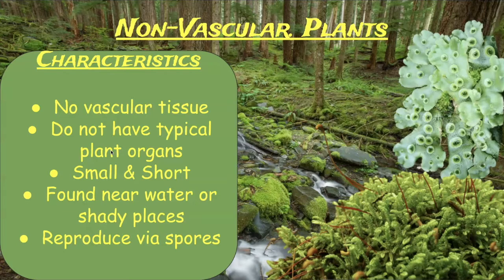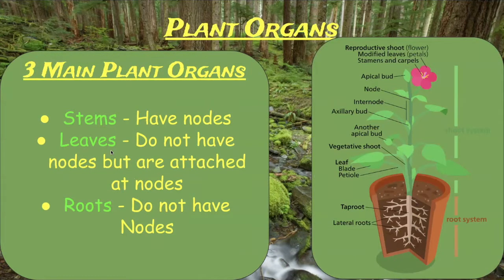They don't. But if we remember all the way back to the very beginning of biology, when we talked about the definition of an organ, it's when you have two or more different types of tissue coming together to perform a simple function. So xylem and phloem are considered two different types of tissue, and when they come together, they develop these plant organs.